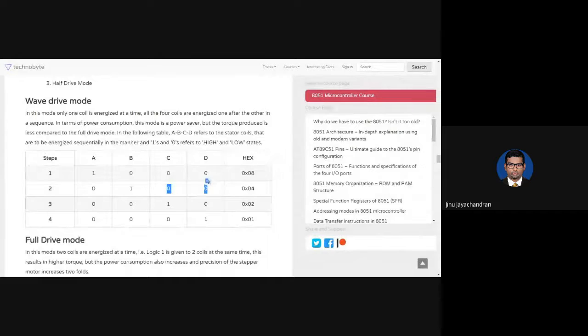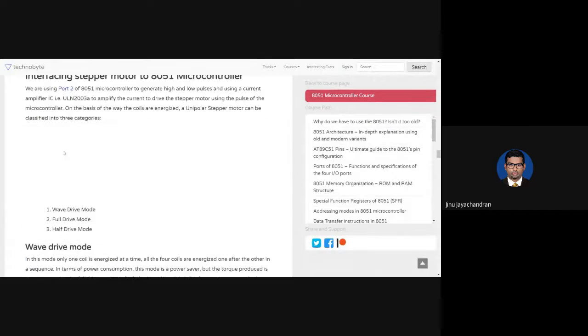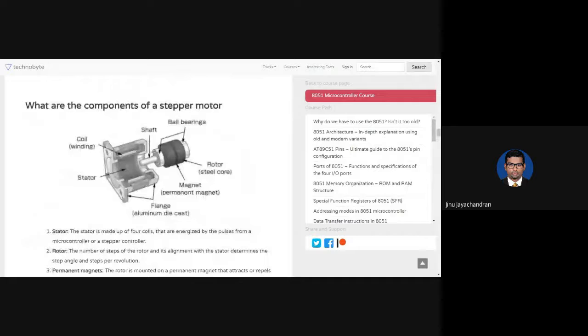Torque means, let's say you have a load on the stepper motor shaft, and let's say the load is 100 grams or so. Now, if the torque is low, then the stepper motor might not be able to rotate this 100 gram load. But if the torque is high, then it will be able to rotate it. So the higher the load, the higher the torque you need. But if the load is less, then you need only less torque.